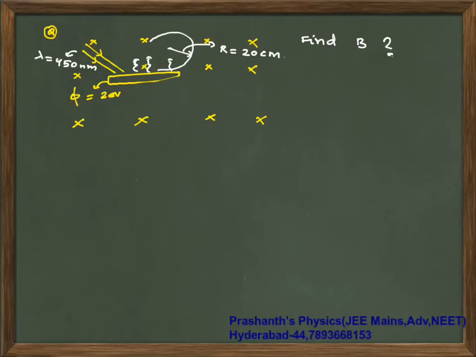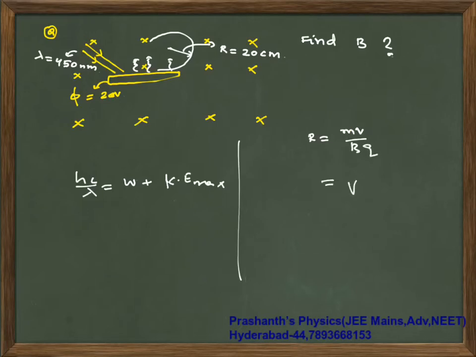As I have explained, stick to your basics. hc by lambda is equal to work function plus KE max. Your radius r is equal to mv by Bq. This mv can be written as under root 2m into KE, by B into q.